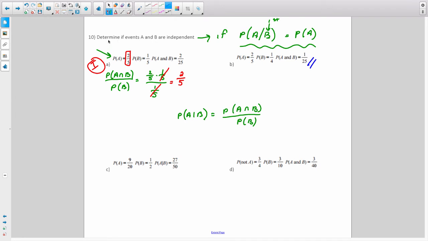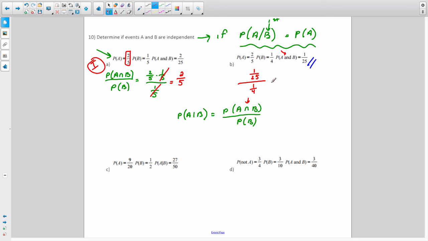So let's look at it this way. We're trying to prove whether 2 events are independent or not. So these questions have just been made up for you to plug in the numbers and see for yourself. So we have to go with the notion that, okay, if they gave us this already, let's use that as the numerator. Because after all, that's the probability of A intersect B. Now we're going to divide that by the probability of B, which is given to us as 1 over 4.